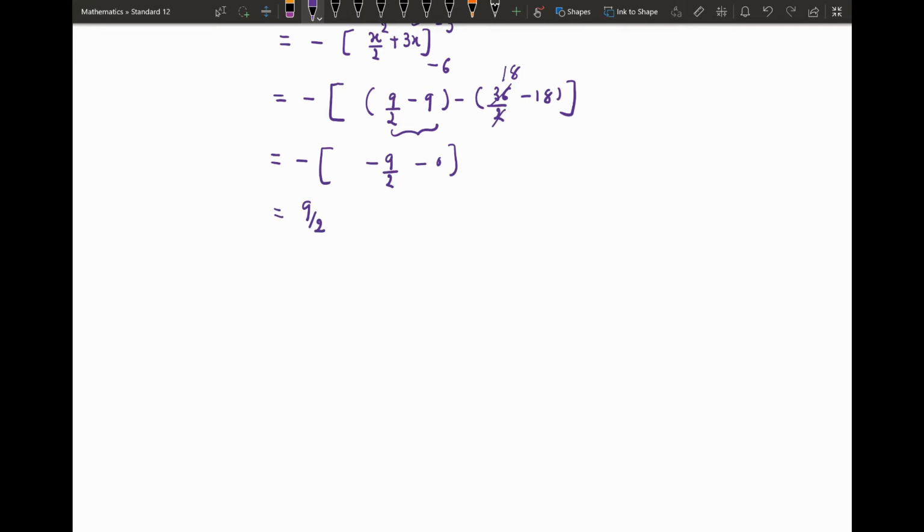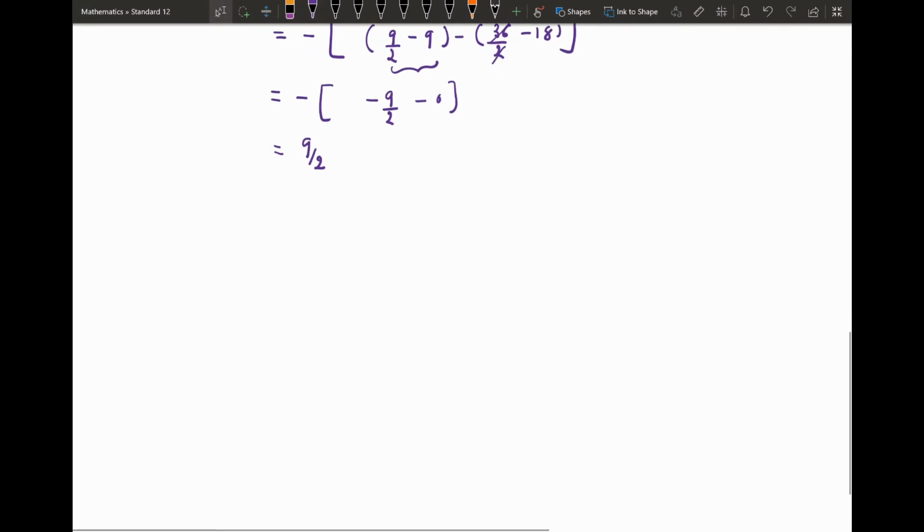So 9 by 2 square units is the area for portion alpha.